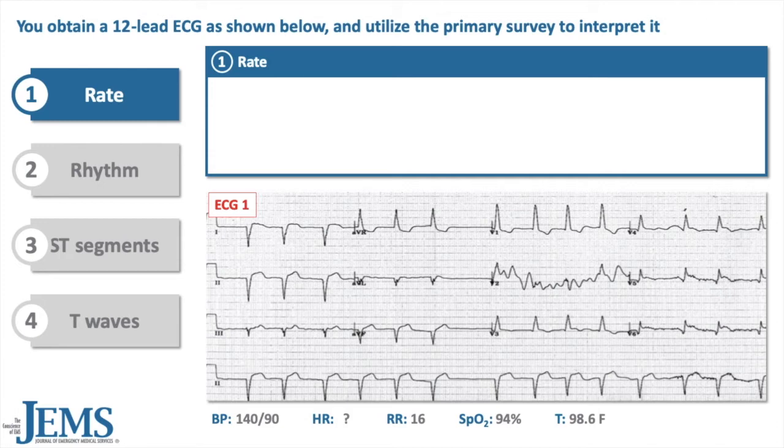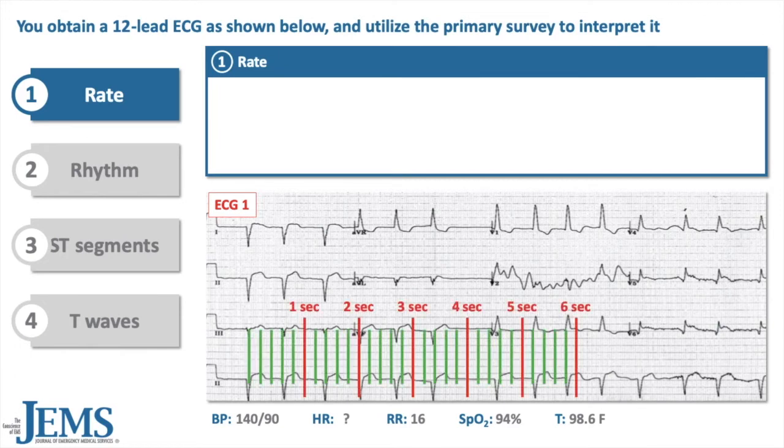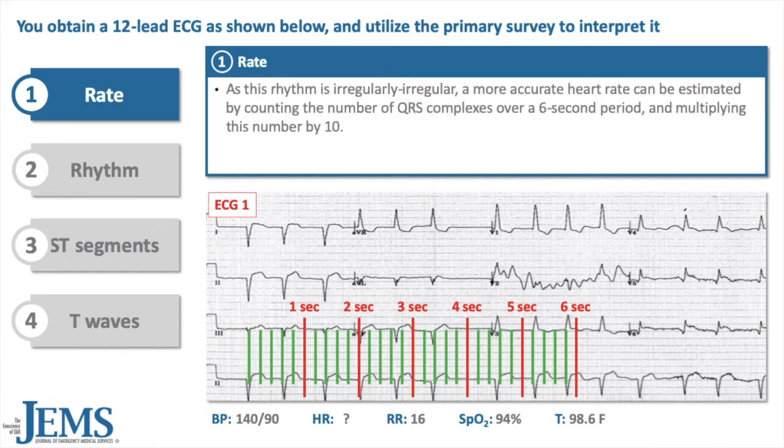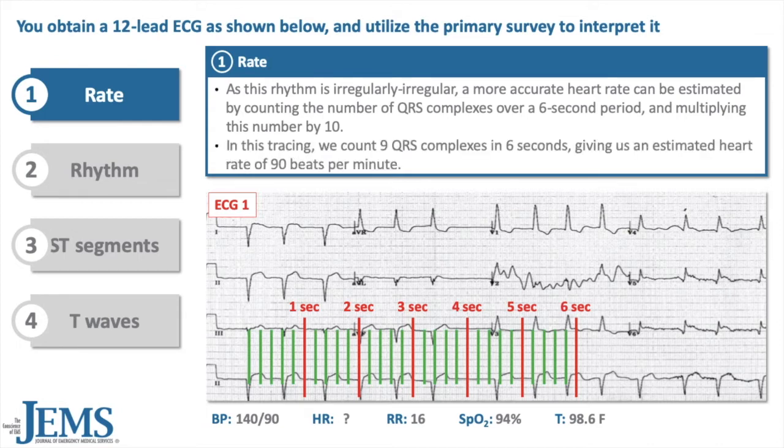In order to help you visualize the 6-second period we're referring to, we have highlighted the large boxes with the bold green lines. So in this 6-second period, we will count out 9 QRS complexes. Since we have to multiply 6 seconds by 10 in order to equal 60 seconds, or 1 minute, we'll need to multiply 9 by 10, which will give us a heart rate of approximately 90 beats per minute.